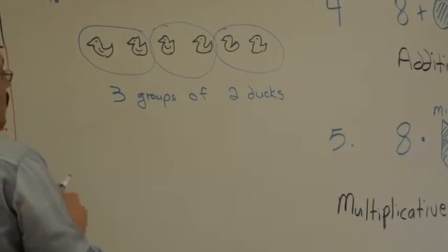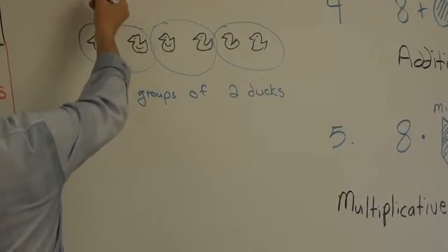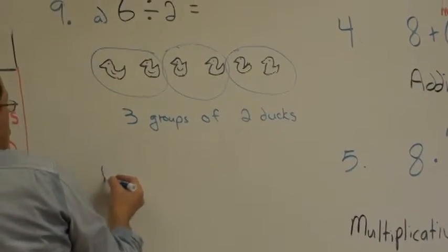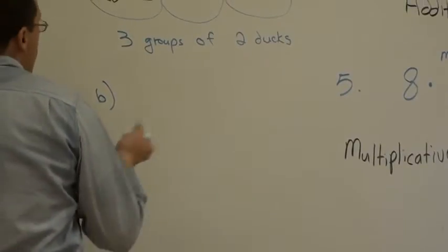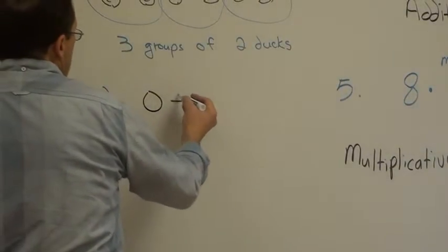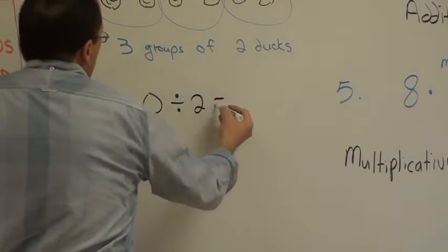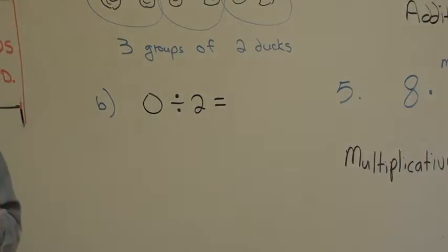That's what it really means. Okay, now I want you to draw this one. That's our first problem, so let's put a little A by this. B is our second problem. I would like you to draw for me what 0 divided by 2 would look like. And you're going to use ducks.